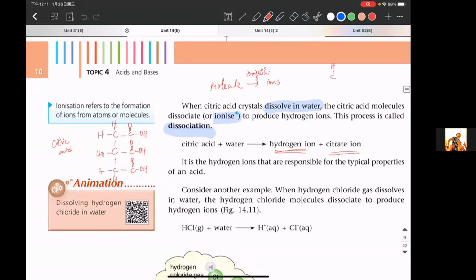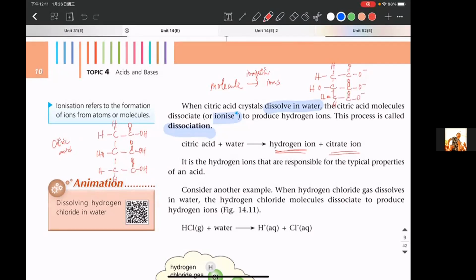So what is citrate ion? Citrate ion has a structure like this, very similar to the structure of citric acid. But the formula has COO minus, COO minus. Have you ever checked it on the web?